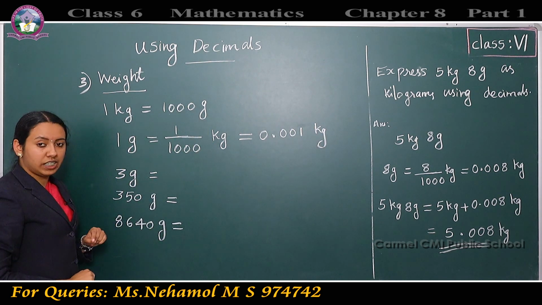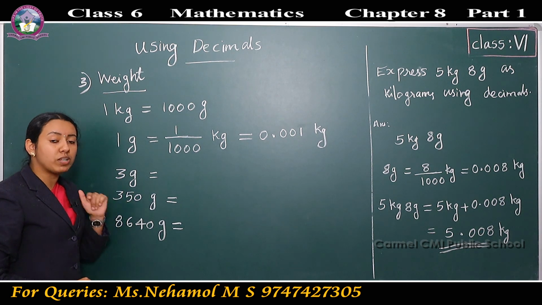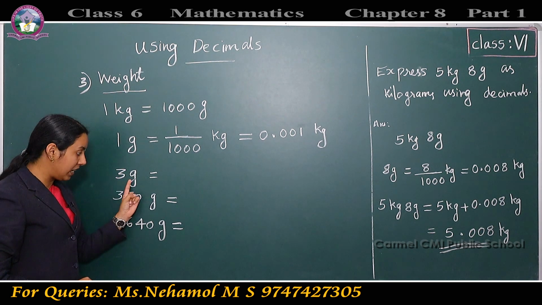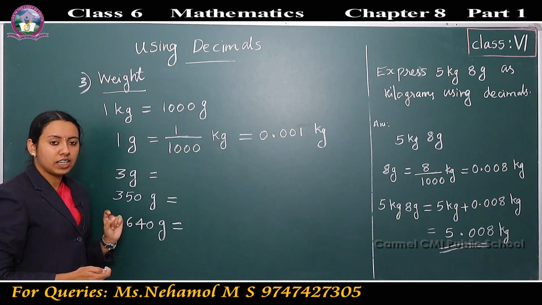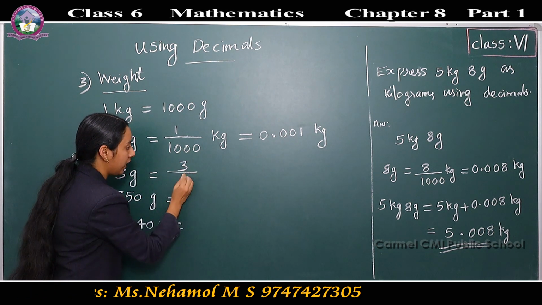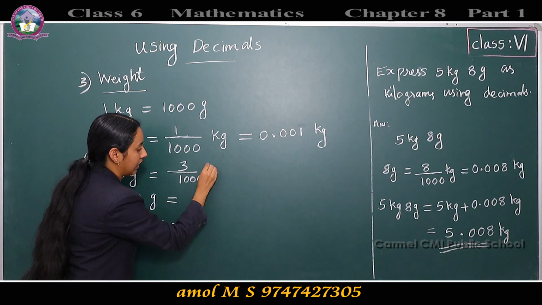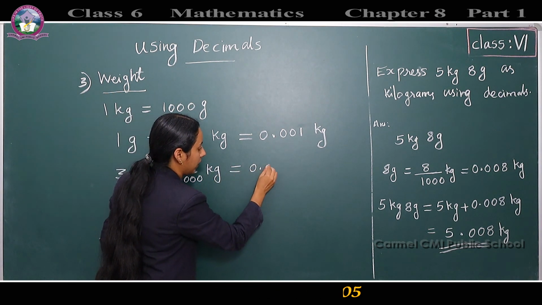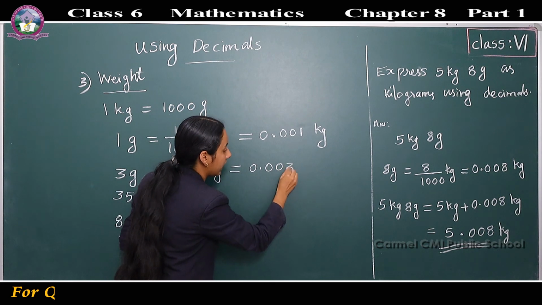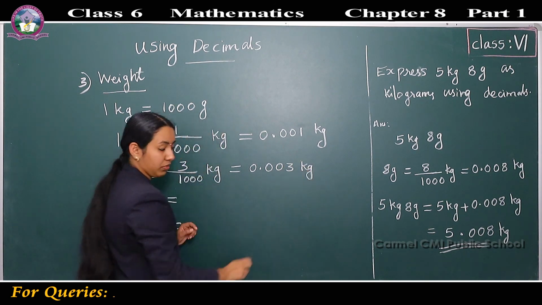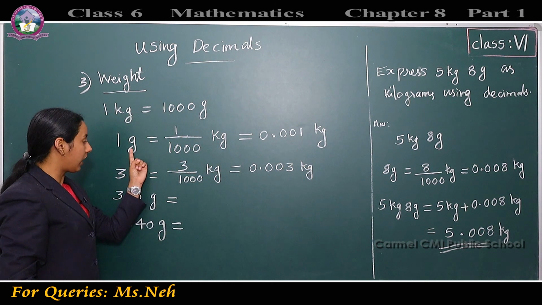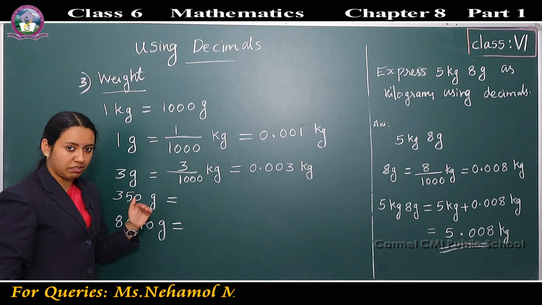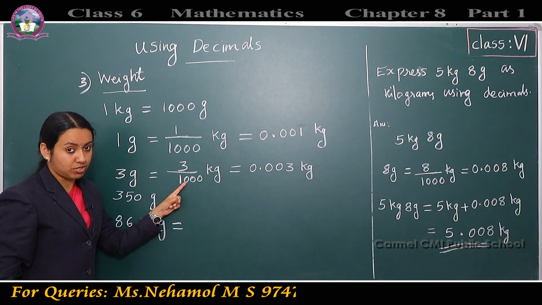Then what about 3 gram? 3 gram means how much kilogram? 3 by 1000 kilogram, that is equal to 0.003 kilogram. So, to convert gram to kilogram, divide the number by 1000.